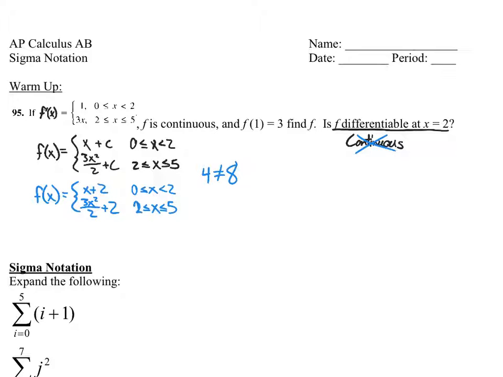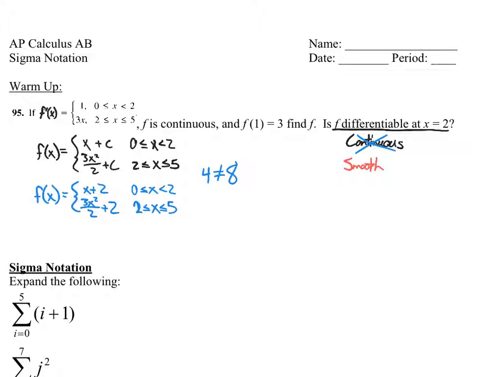Now, if it were continuous, we would then also need to look at the derivative. We would need to say, is it smooth? In other words, you would need to take the derivative of both pieces and plug in 2 and see if you got the same slope, because that's what will help us avoid some kind of a sharp turn.